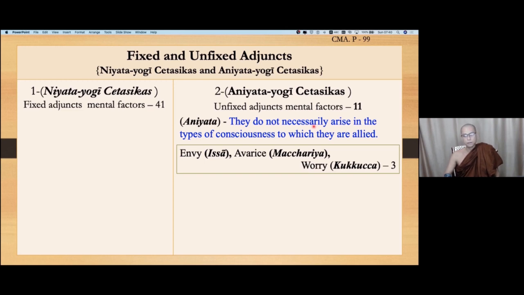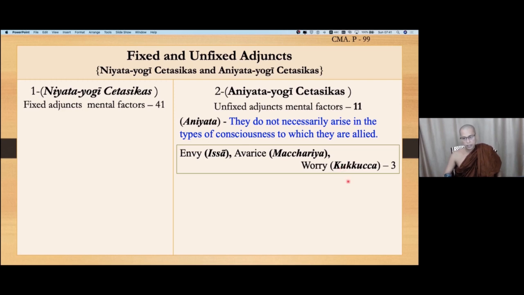Okay, let's see. Among the unwholesome mental factors, envy, issa, avarice, macchariya, and worry, kukkucca: 3. So these 3, we will see how they become unfixed.